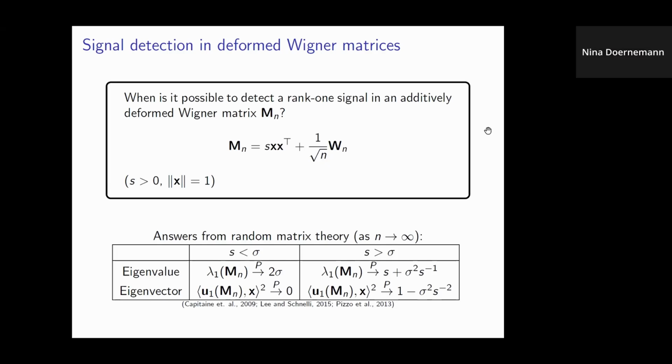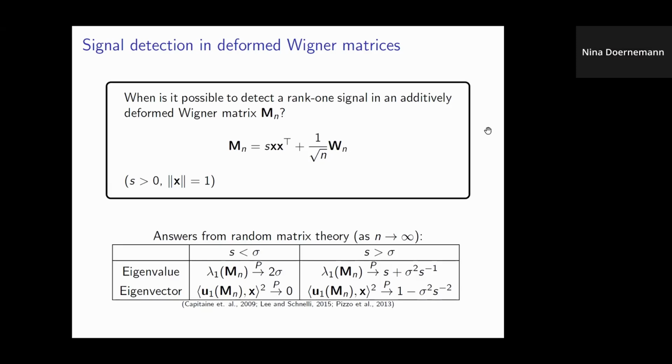Also, if you consider the eigenvectors, so u1, the eigenvector corresponding to this largest eigenvalue, and you consider x, the signal, then asymptotically these two will be orthogonal to each other. So no information about x and no information about s.